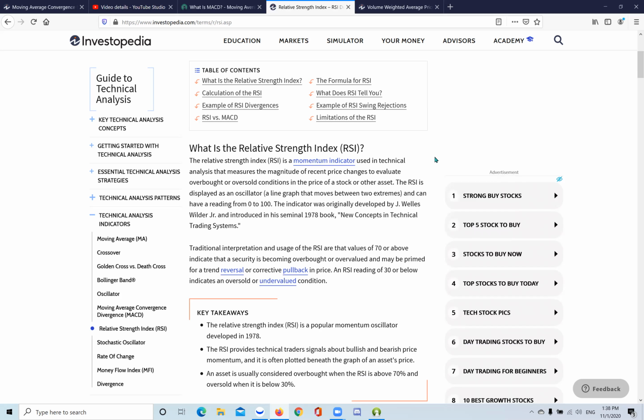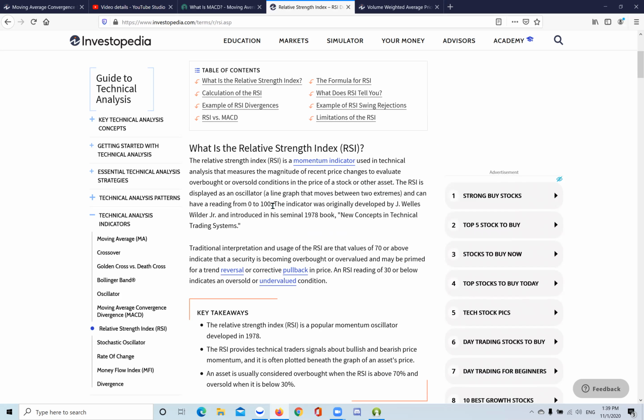What is the Relative Strength Index? The Relative Strength Index is a momentum indicator used in technical analysis that measures the magnitude of recent price changes to evaluate overbought or oversold conditions in the price of a stock or other asset.